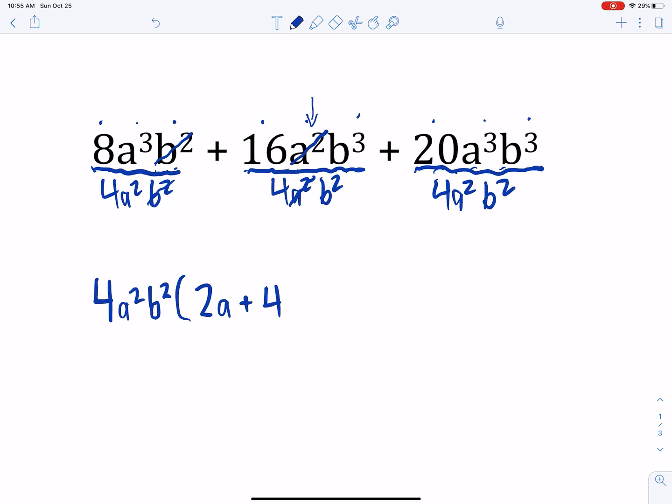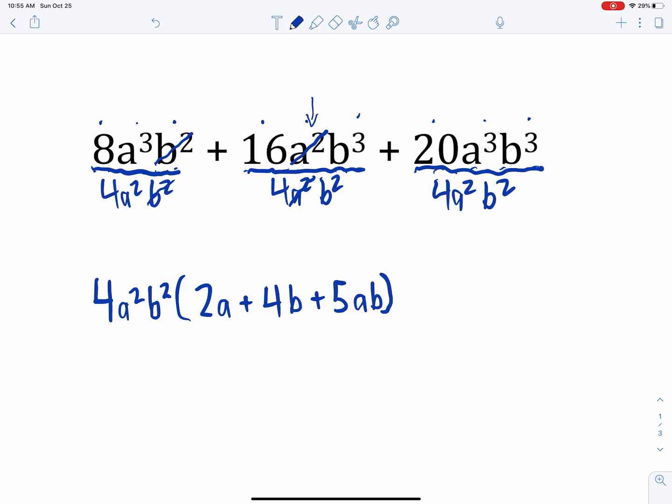B to the third divided by b squared, we subtract the exponents, 3 minus 2, and we get b to the first, which is just b. Then we have plus. 20 divided by 4 is 5. A to the third divided by a squared is a to the first. B to the third divided by b squared is b to the first.